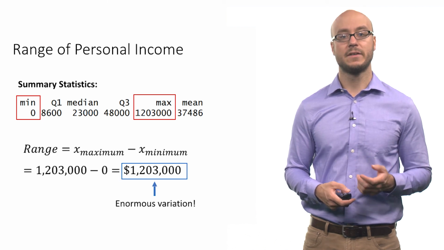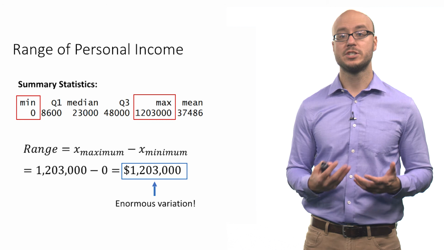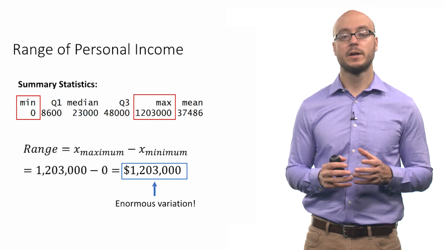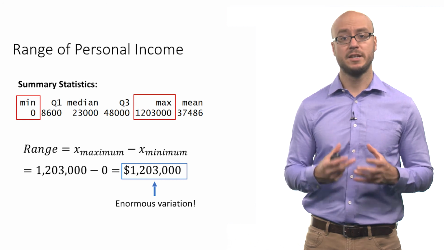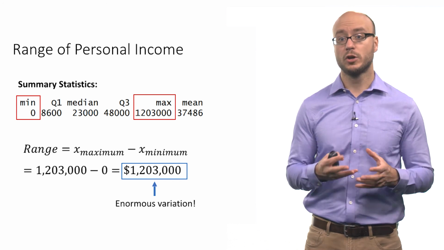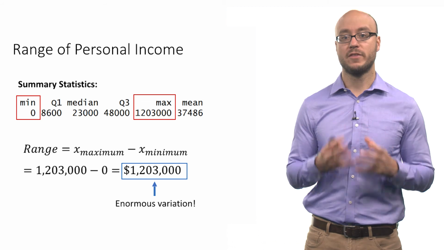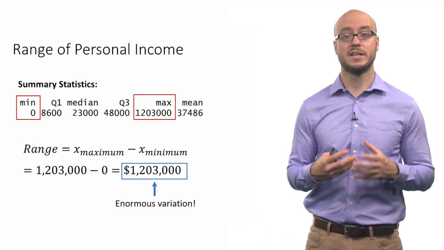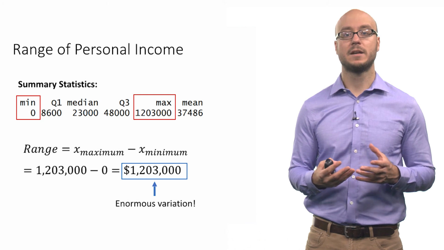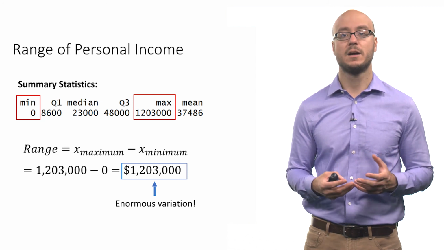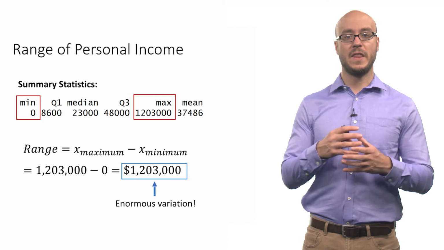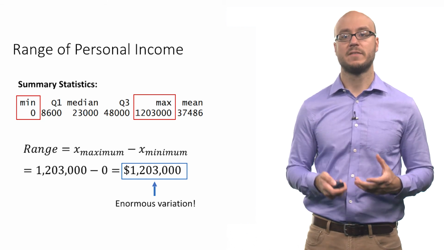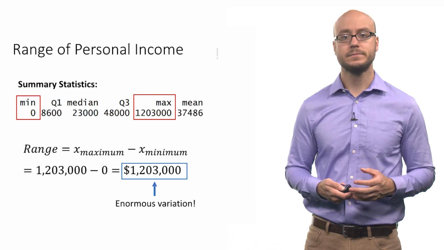So the range is a bit over $1 million, and that range reflects a great deal of variability. Somebody will say, that is a ton of variation, considering that the median income is $23,000 and the mean income is about $37,000. A range of over $1 million is a lot of spread, a lot of dispersion, a lot of variability.